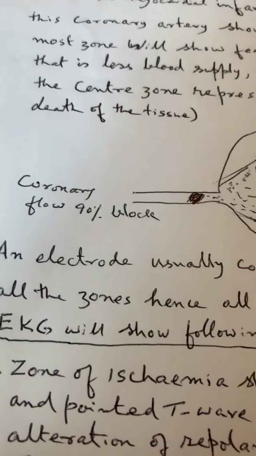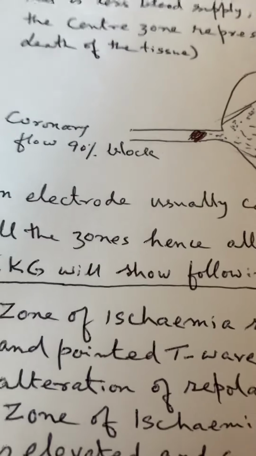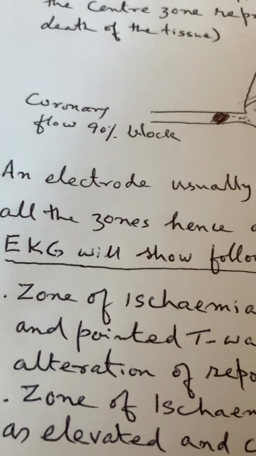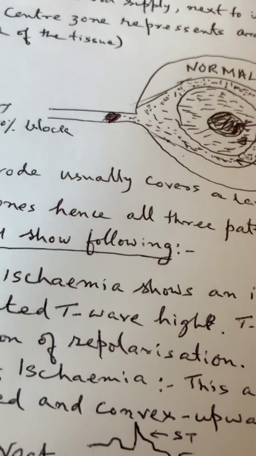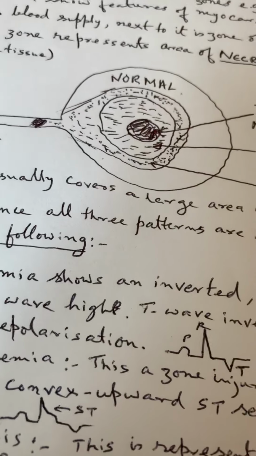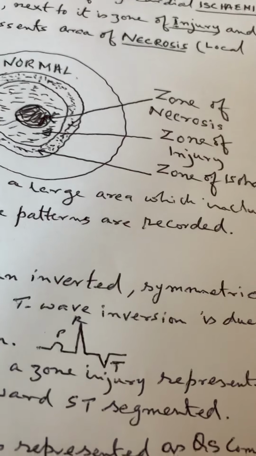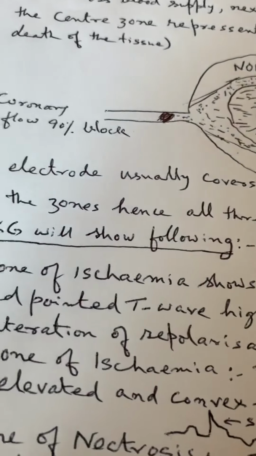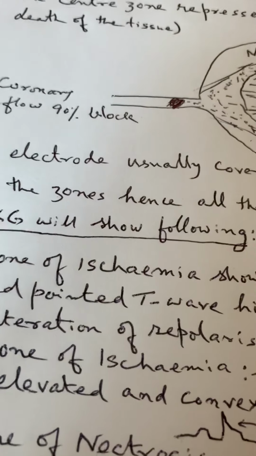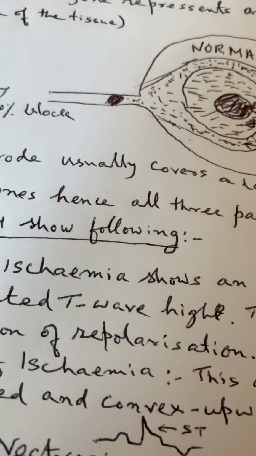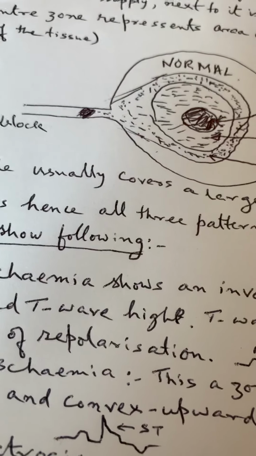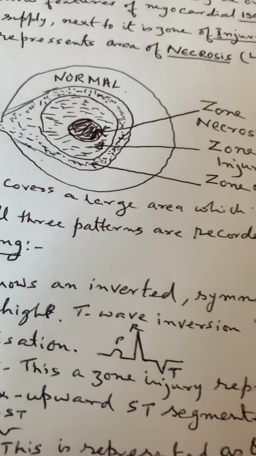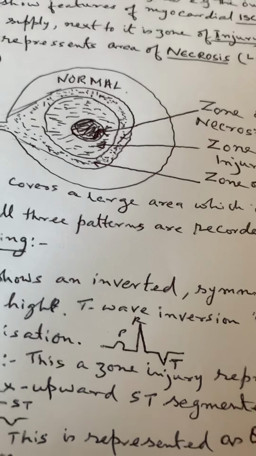Now the EKG will show the following. The zone of ischemia, that is the outermost zone, shows an inverted symmetrical, this is important, inverted symmetrical and pointed T wave. There is inversion of the T wave.